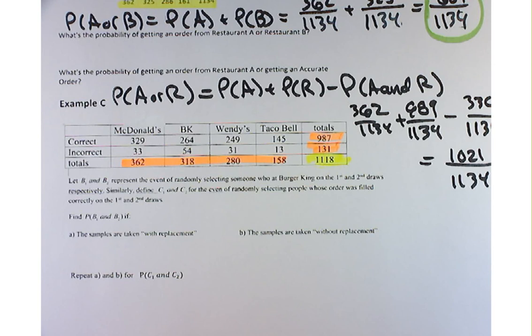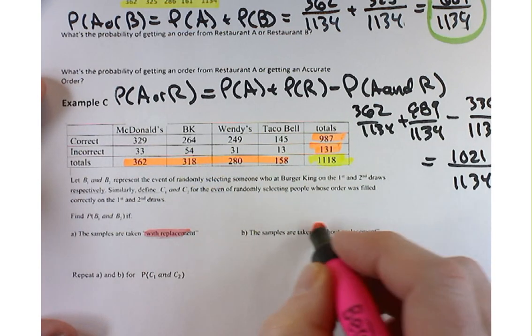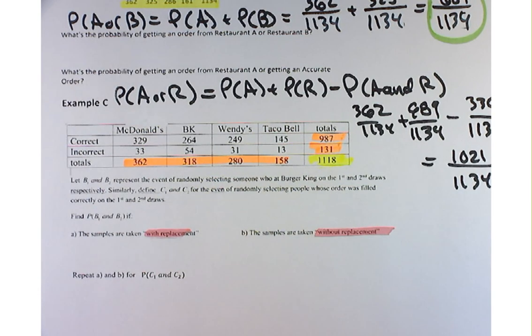Which, okay, it feels a little bit weird. It's like, well, why would you want to do that? But that's the way with replacement works. So let's take a look at with replacement versus without replacement. Now, when we calculate these probabilities, lowest terms is not my priority. Getting that right is my priority.